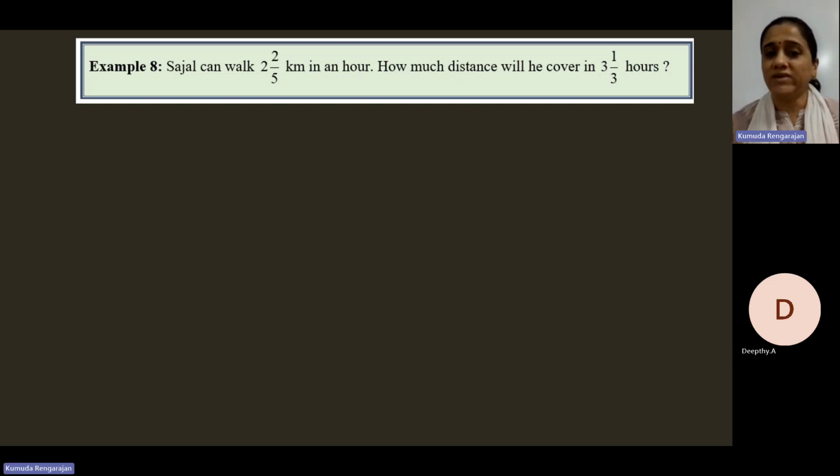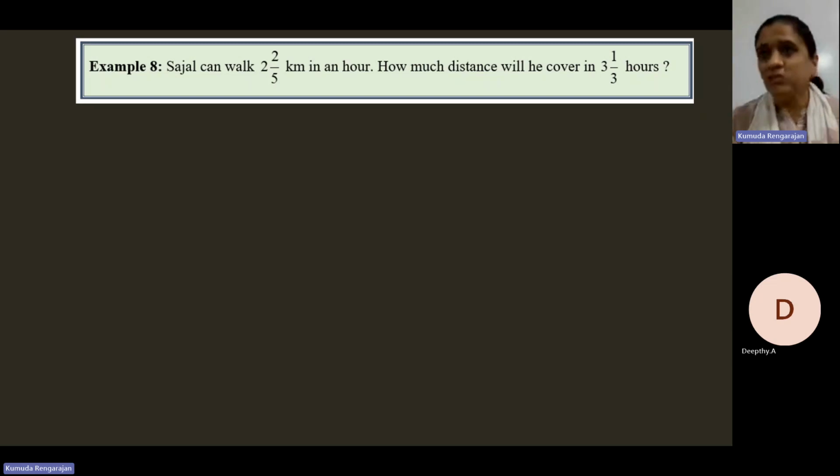Sajal can walk 2/5 kilometers in an hour. Distance covered by Sajal, or you can just leave the name also. Distance covered in 1 hour. You can write distance covered in 1 hour, or distance covered by Sajal in 1 hour, correct?